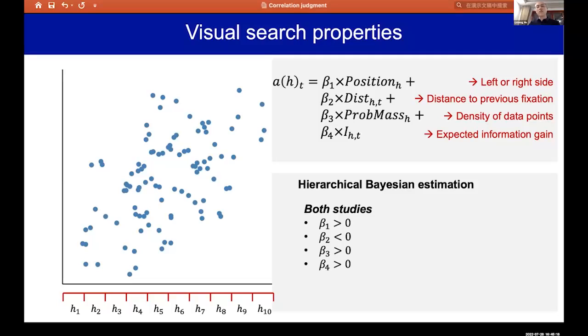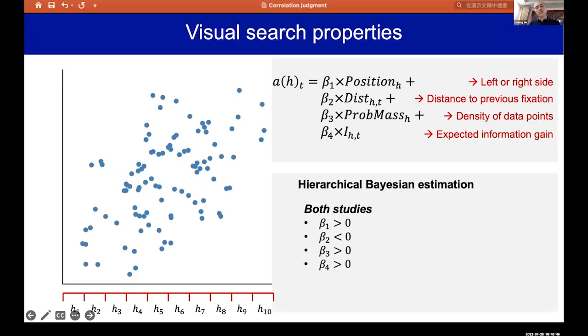But we met a number of problems when fitting it this way because we found that the expected information gain has a pretty unexpected negative effect, and it's very weird. So we tried to find out what was going on. We looked at the data.